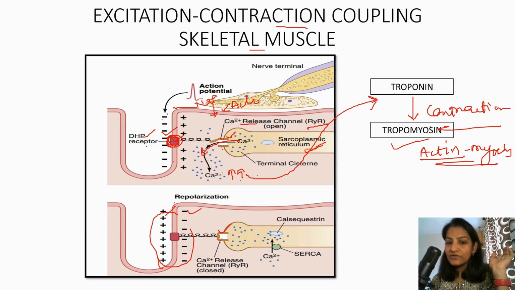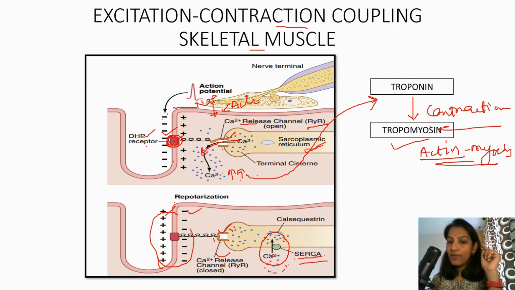So this ryanodine receptor, the calcium release channel, is closed, and on the other side of the sarcoplasmic reticulum a calcium pump is working, which is called SERCA, the sarcoplasmic reticulum calcium ATPase pump, which will take back whatever extra calcium is present here.